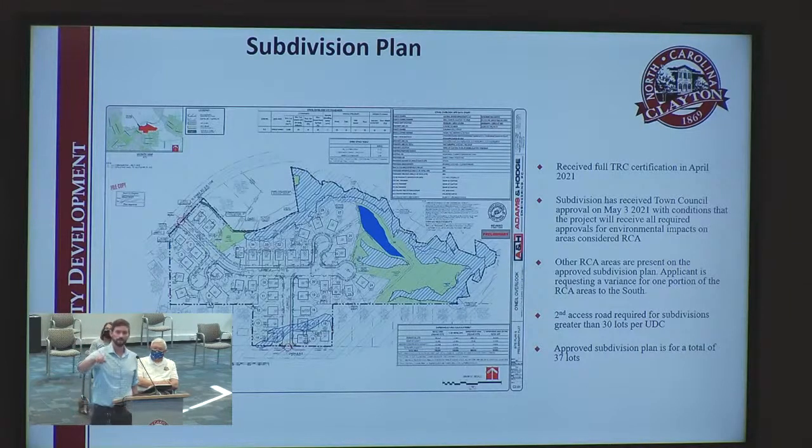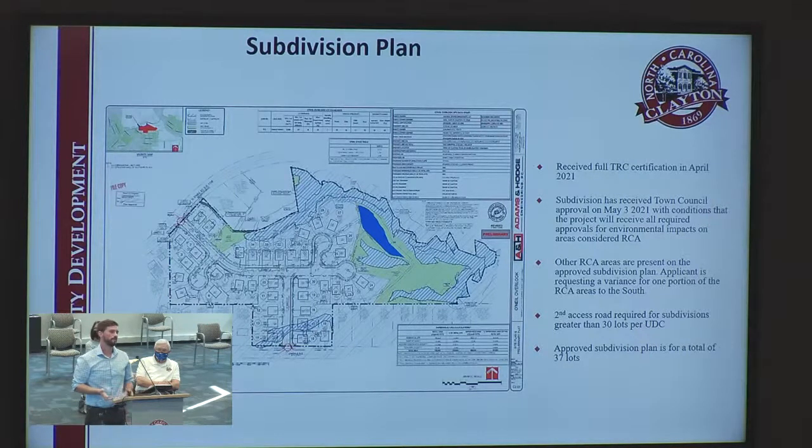Yes, so you see the one to the north coming in from the northwest, and then the second access point is coming in off of Oakdale Avenue, going into the subdivision from the south. The property contains RCA areas in other portions of the site, particularly to the north and northeast, but the variance request is only for the portion to the south on the bottom. I think Joshua has a zoom in on that site in his presentation to go over that specific area.